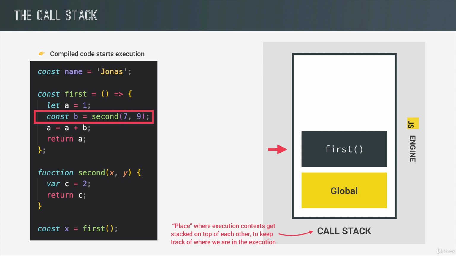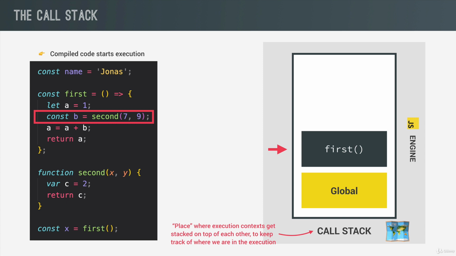So I like to use the analogy of the call stack being like a map for the JavaScript engine, because the call stack ensures that the order of execution never gets lost, just like a map does, at least if you use it correctly.